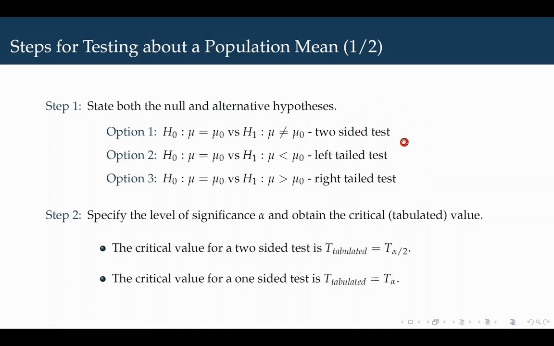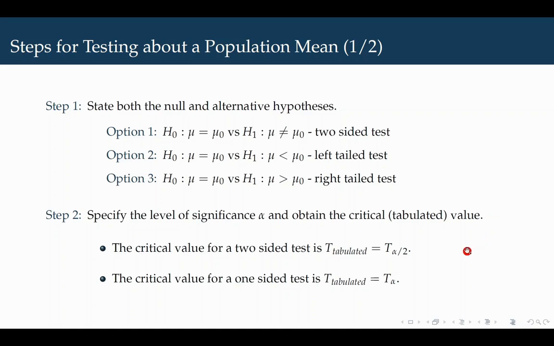Then once we state our null and alternative hypotheses, next we have to specify the level of significance alpha, which is the probability of committing a type 1 error, and we have to obtain the corresponding critical or tabulated value from the theoretical statistical distributions, either from the standard normal distribution or a t-distribution.